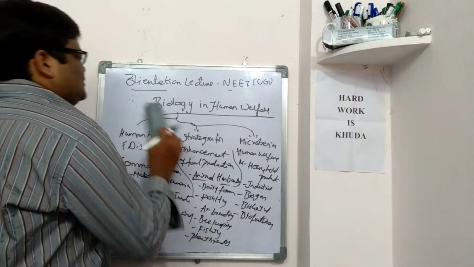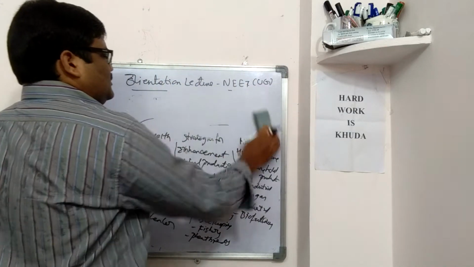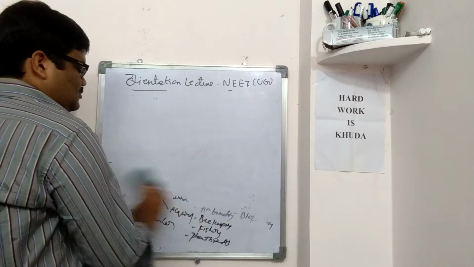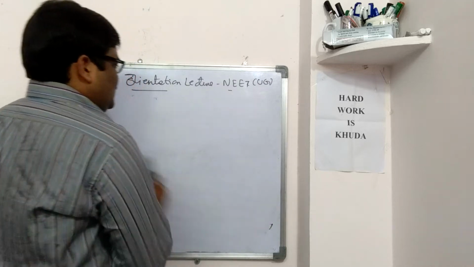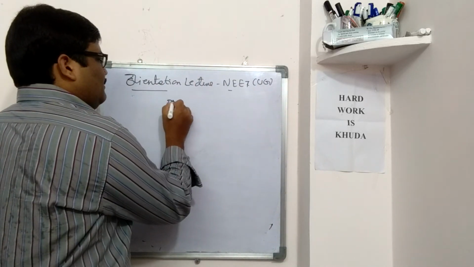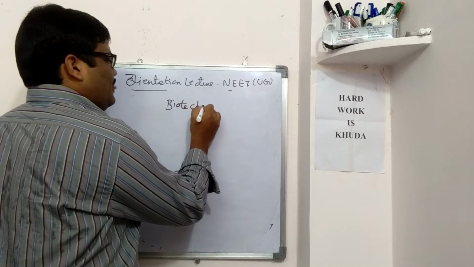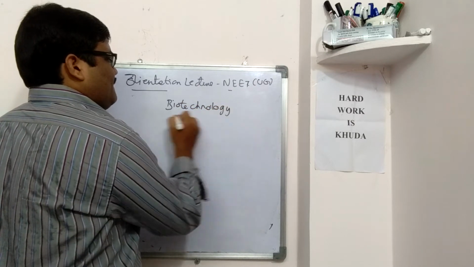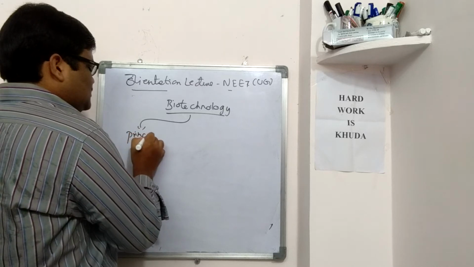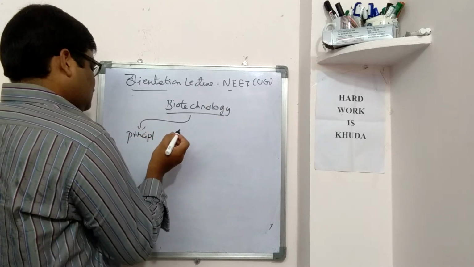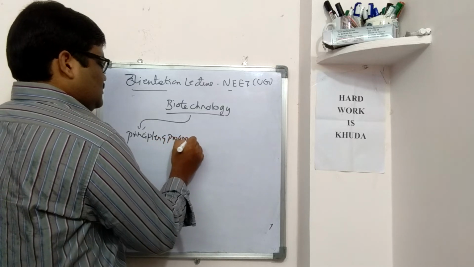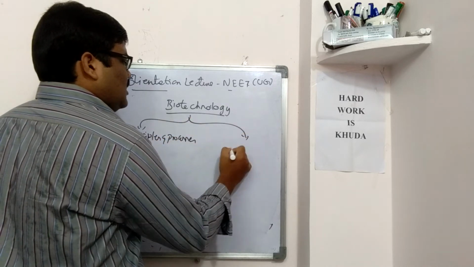Then the last topic under NEET plus 2, that means class 12 zoology, is biotechnology. Again, principles and processes, then applications.